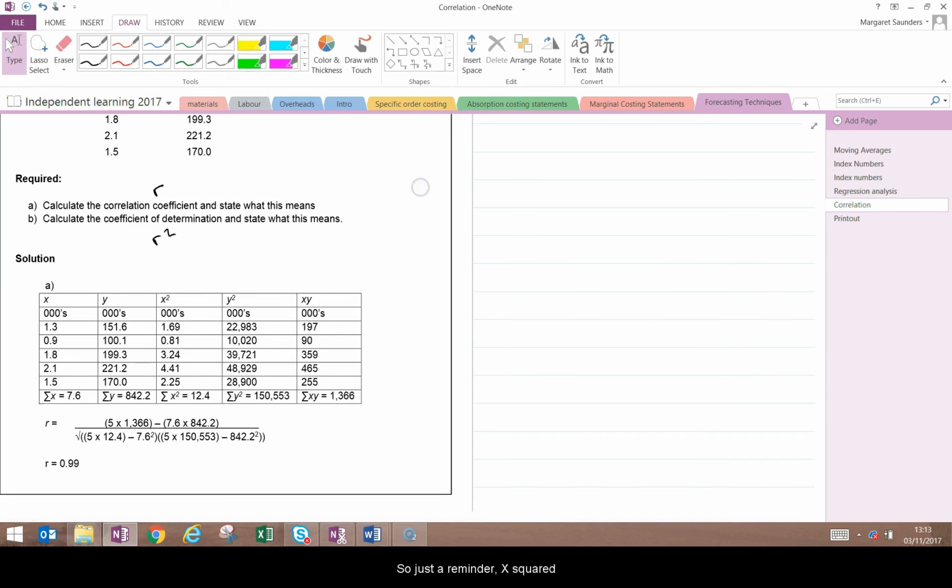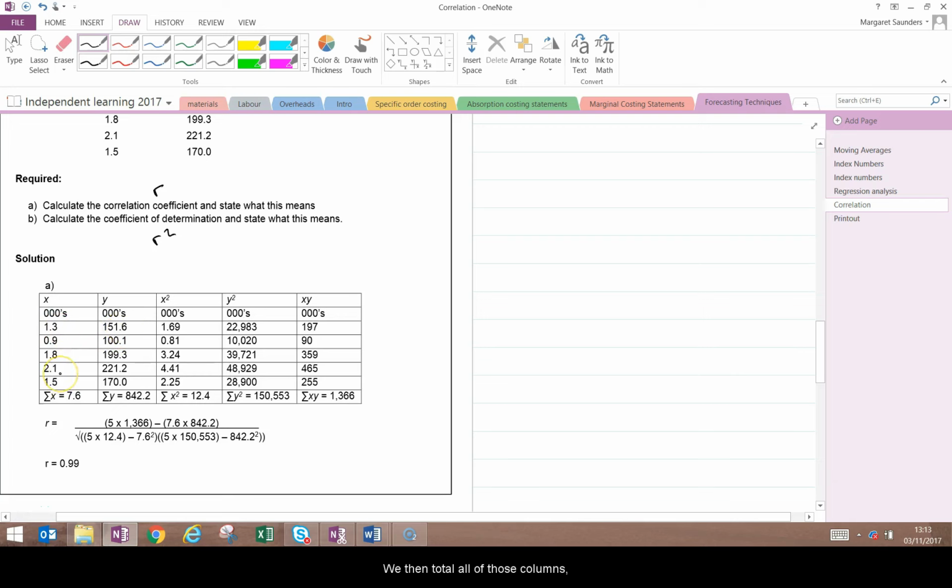Just a reminder, x squared is the x value squared, so 1.3 squared. Y squared is the y value squared, so 151.6 squared, and then xy is the value of x times the value of y. So the first figure is 1.3 times 151.6 gives us xy.